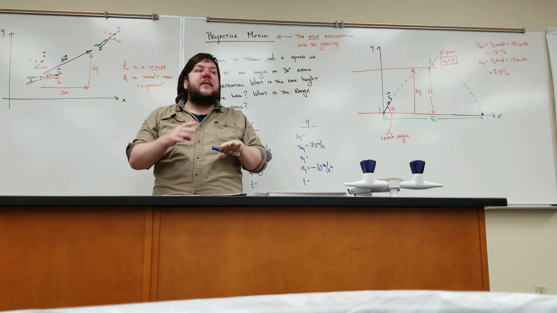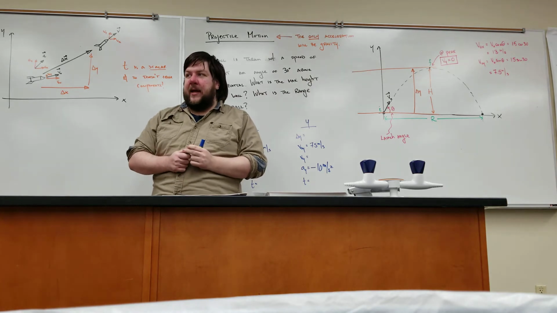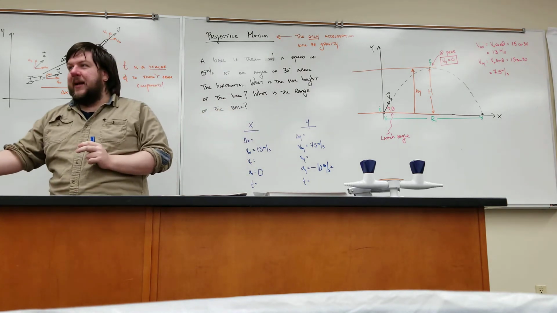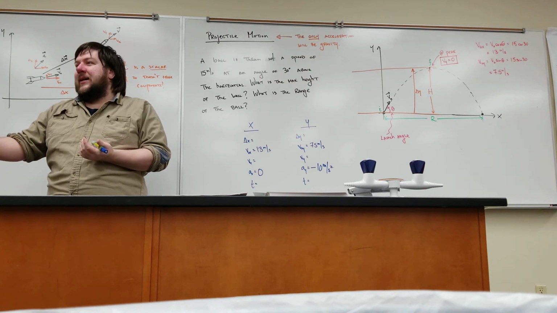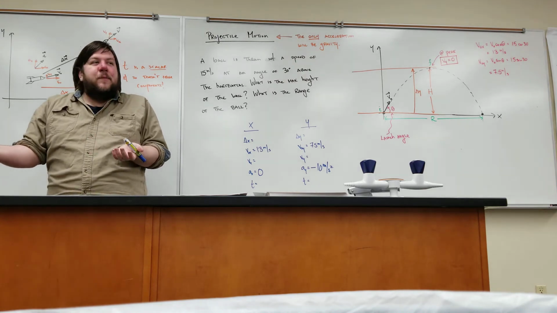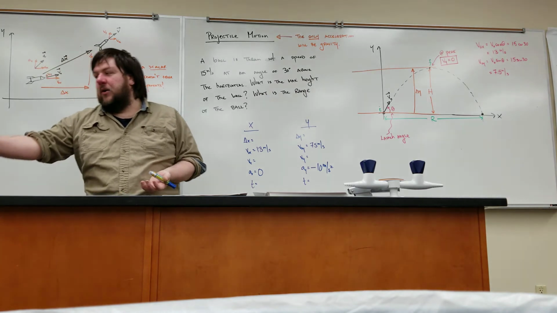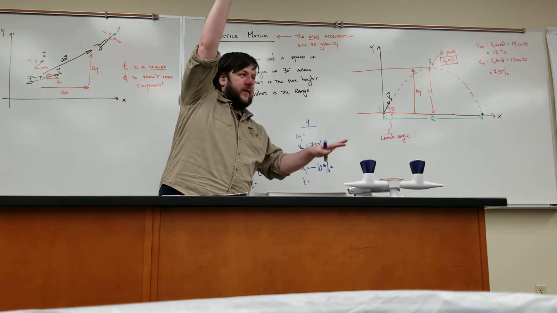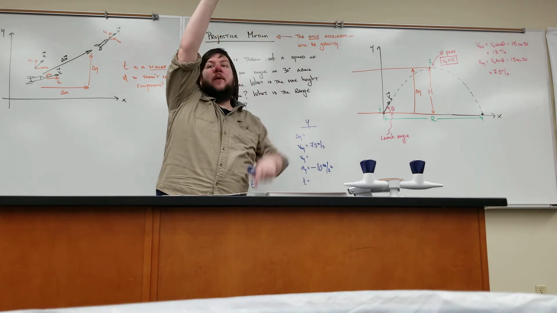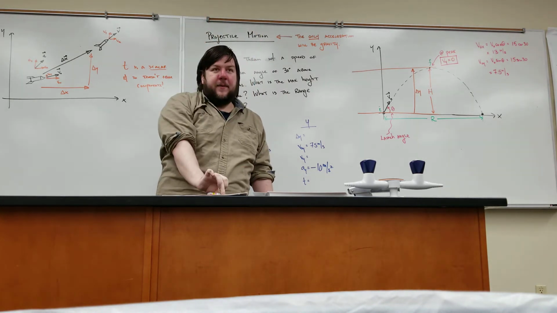Why couldn't we say that the total velocity was 0 at the peak? Because it would be ridiculous. What if the object rose and then it reached its peak and then it just stopped? Its total velocity is 0. Then gravity points down and the object would just drop.